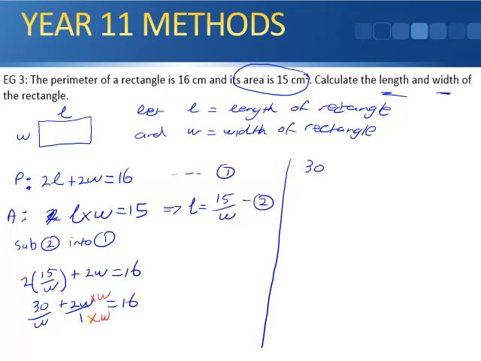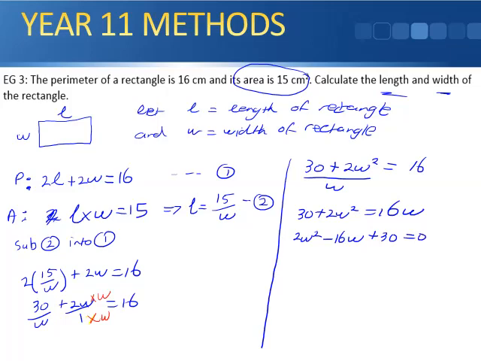So it ends up being 30 plus 2W squared equals 16, and this whole thing is over W now. Not the 16, just this one here. But now I'm going to times by the W, so I get rid of this W in the denominator, and I get 16W here, and rearranging it, I get 2W squared minus 16W plus my 30 equals 0.